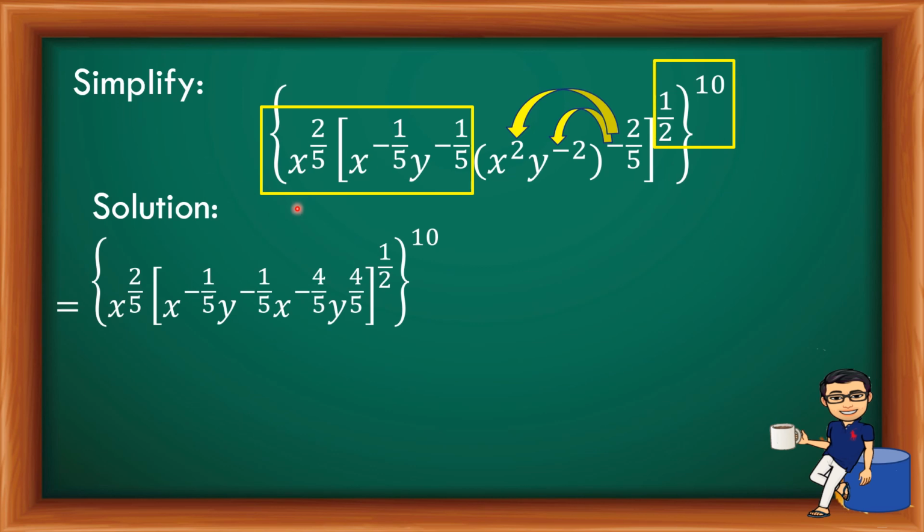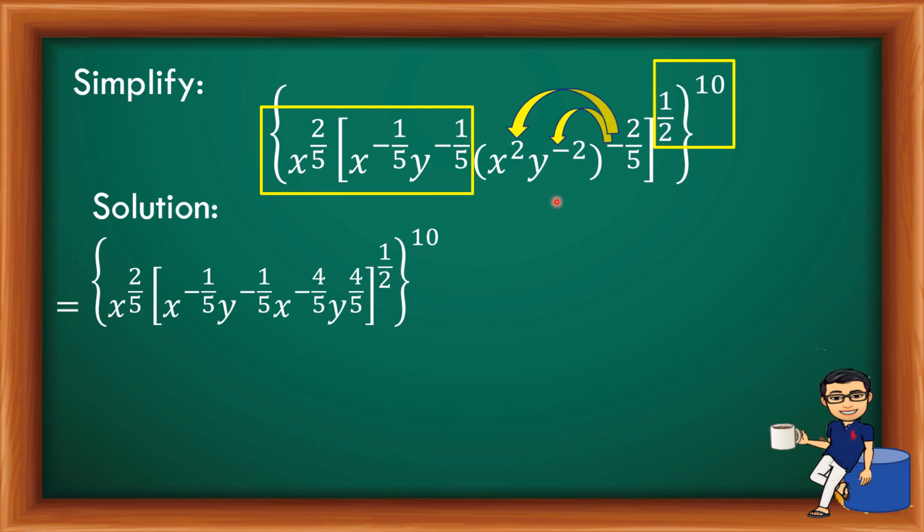First thing is to copy x raised to 2/5. We have this. Then copy x raised to negative 1/5. We copy here. Then y raised to negative 1/5. We also copy that. Then since we distribute this negative 2/5 to the exponent of x, 2 times negative 2/5, so 2 times negative 2 is negative 4 over 5. So it becomes x raised to negative 4 over 5.